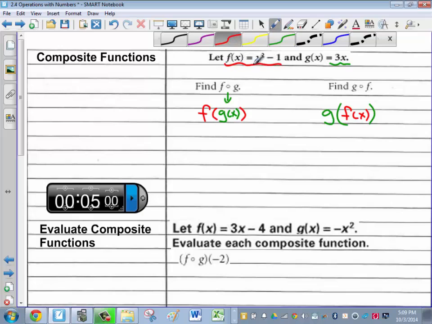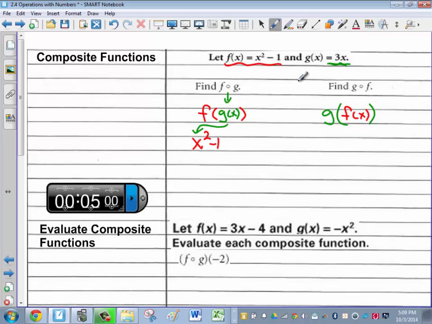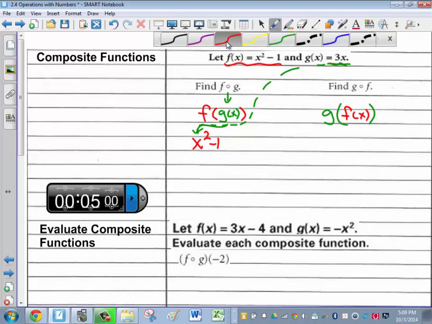We know that f of x is equal to x squared minus 1. And what you need to do is take this g of x right here, this 3x, and put it in for every x here. This 3x goes in for every x into this. So what we got is 3x in for this x.